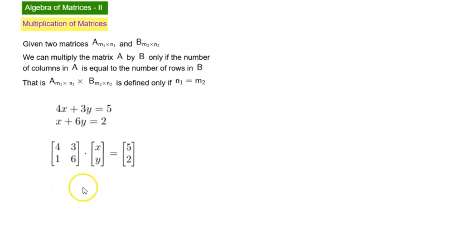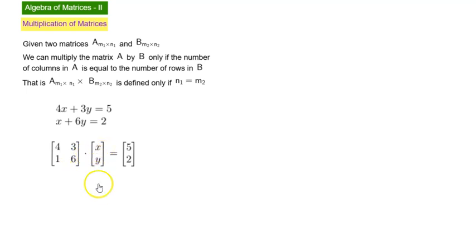But what if we have two systems of equations with the same coefficient matrix but different constant matrix? No point in writing them separately. We can combine them into a single matrix equation. How would we do that?